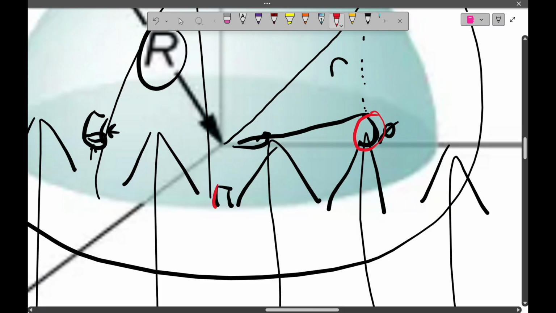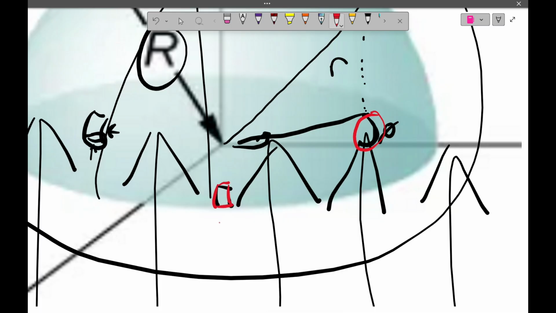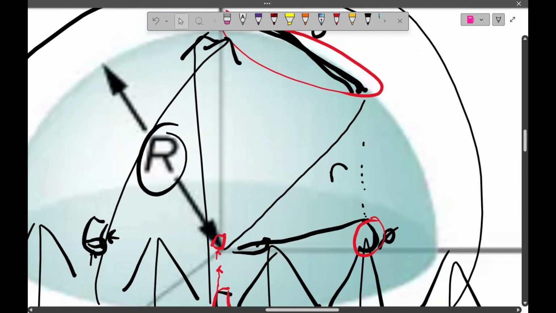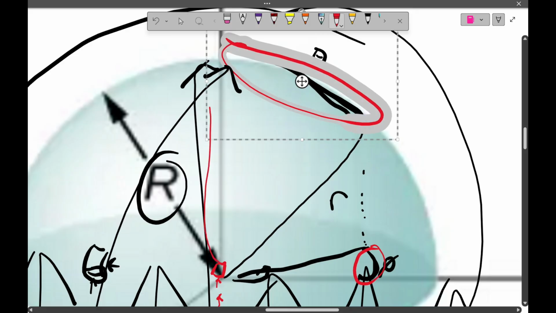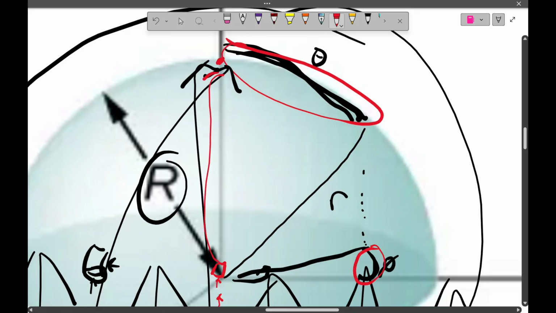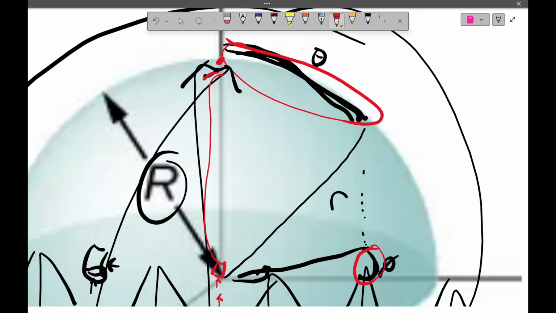Matter of fact, I'll make it red, right? That arc width at the bottom, r times phi, well, it's at its widest here at the bottom. And as you move this little piece up more and more, it's going to grow a little smaller, that arc width. And it's going to do that until you converge at a single point here on the z-axis. So that width is getting smaller and smaller and smaller.